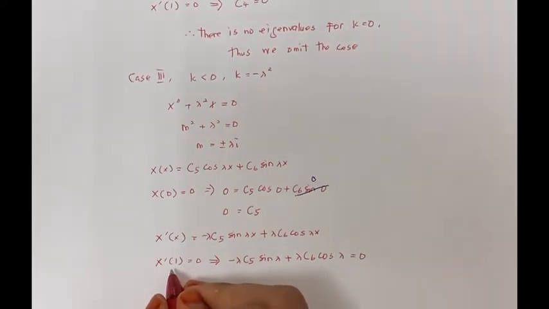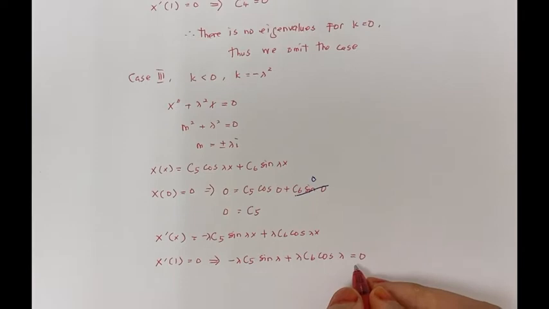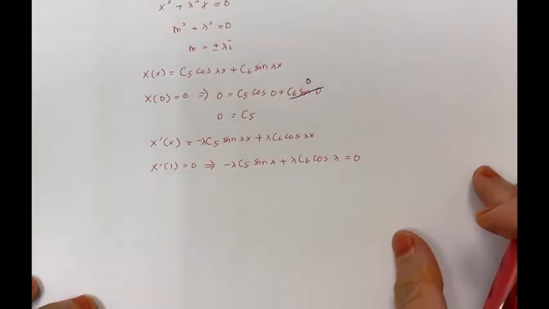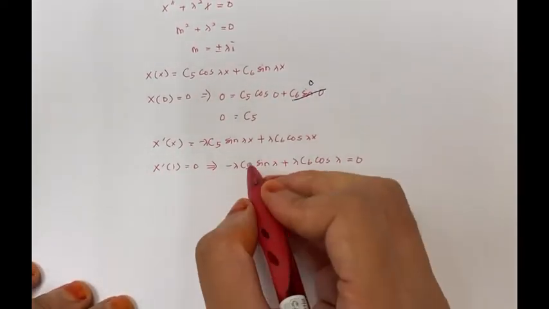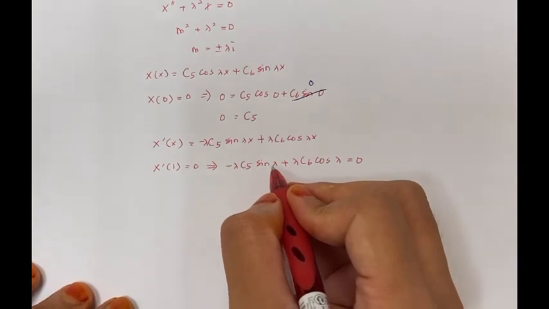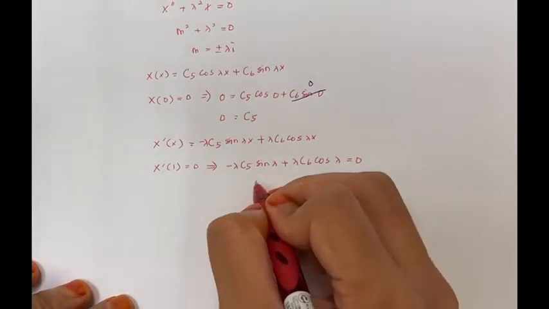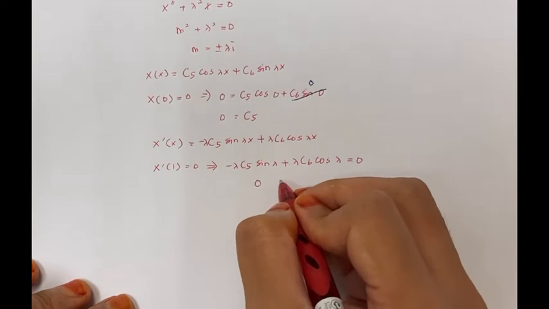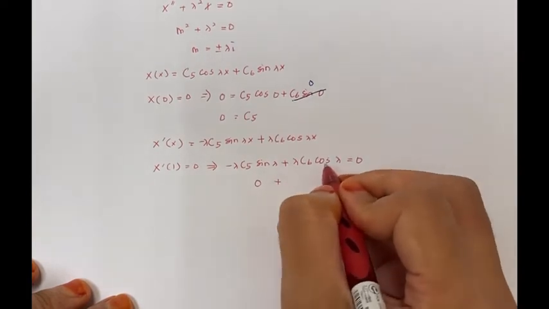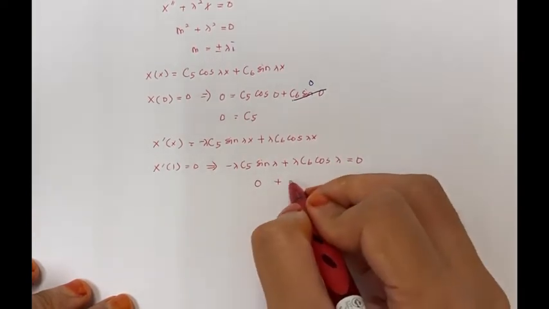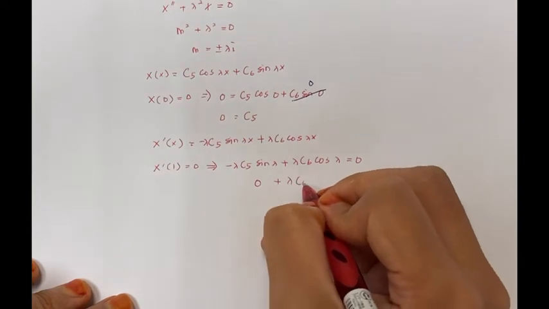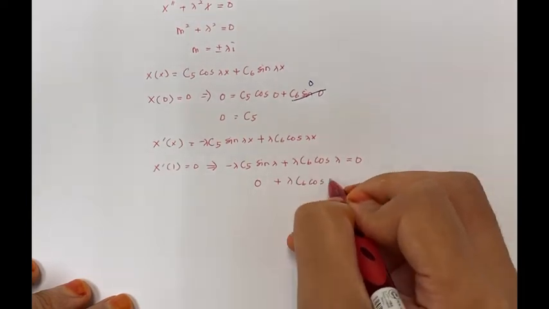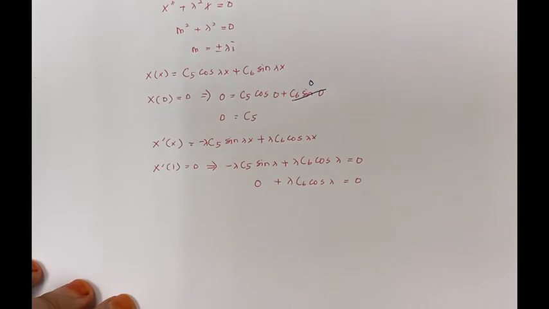Substitute the value and set it equal to 0. Since c5 is equal to 0, the first term is 0, and we have lambda c6 cos lambda equal to 0.